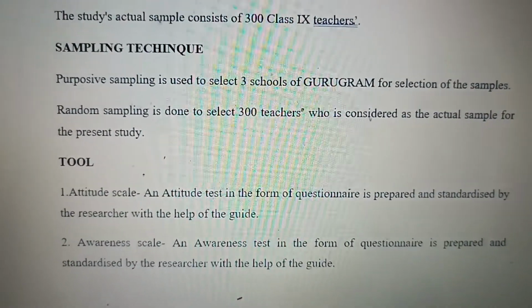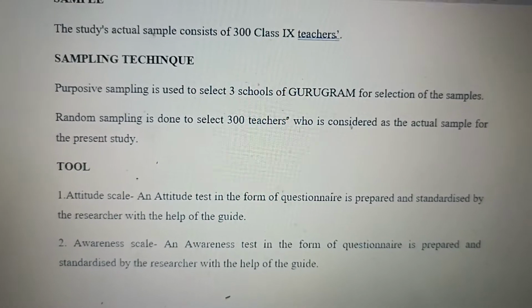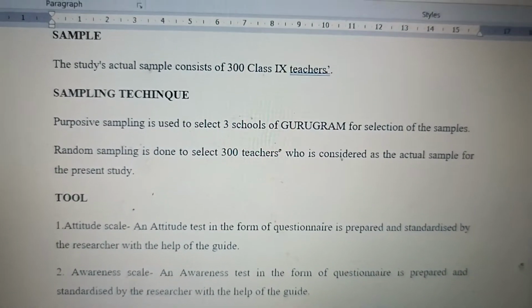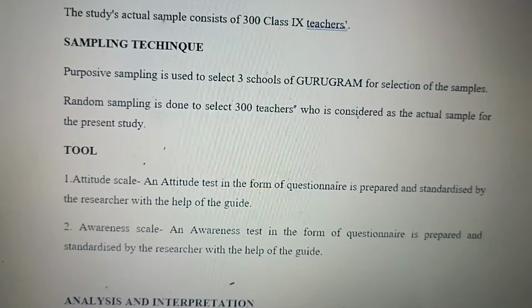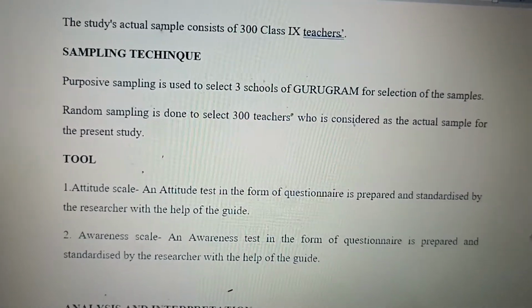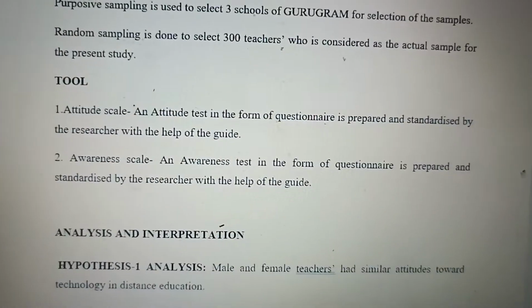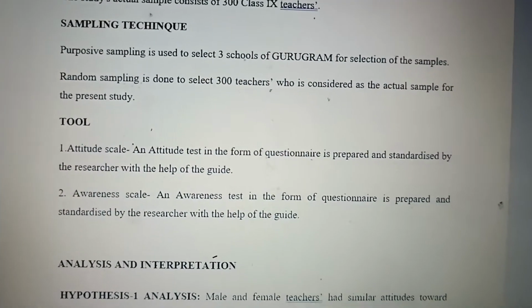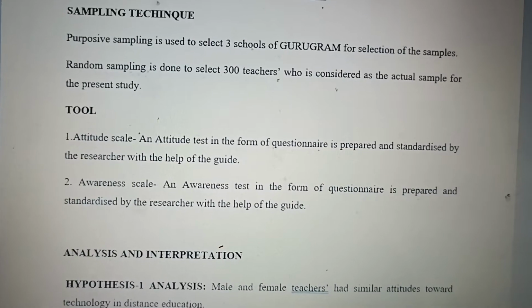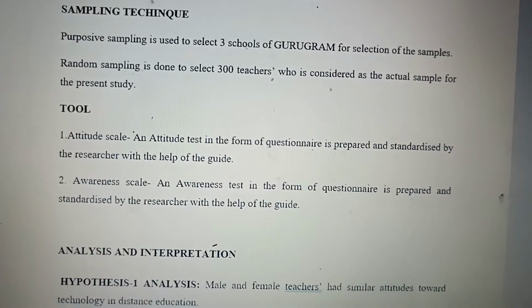Now, sampling techniques. What are the techniques we have been using to select those 300 teachers? So first, we have selected three schools of Gurgaon, and then after the selection of three schools, we have selected the sample of 300 teachers. Now, why purposive sampling? Purposive sampling because we have chosen the schools at our own convenience.